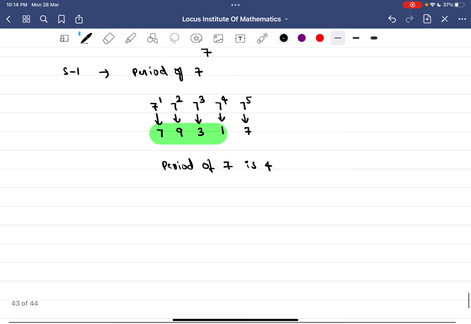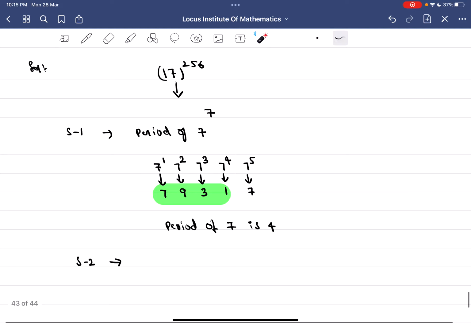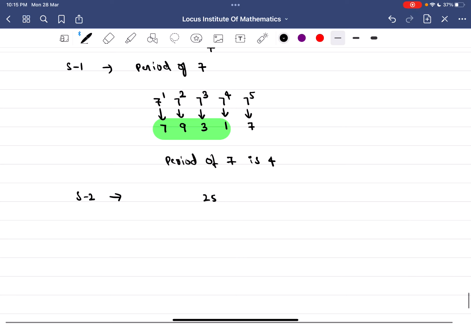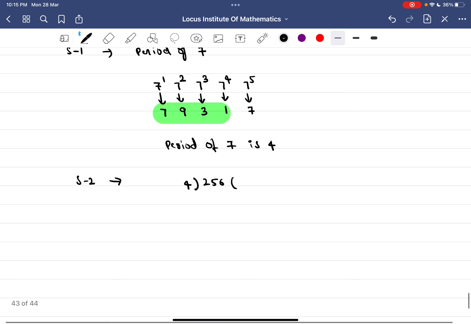In step 2, you divide the power of the 17 power 256, that is 256, by this 4. Now if you divide the power of the number, that is 256, by 4, you will get the remainder: 4 6 times 24, 1 6, 4 4 times 16, remainder is 0.